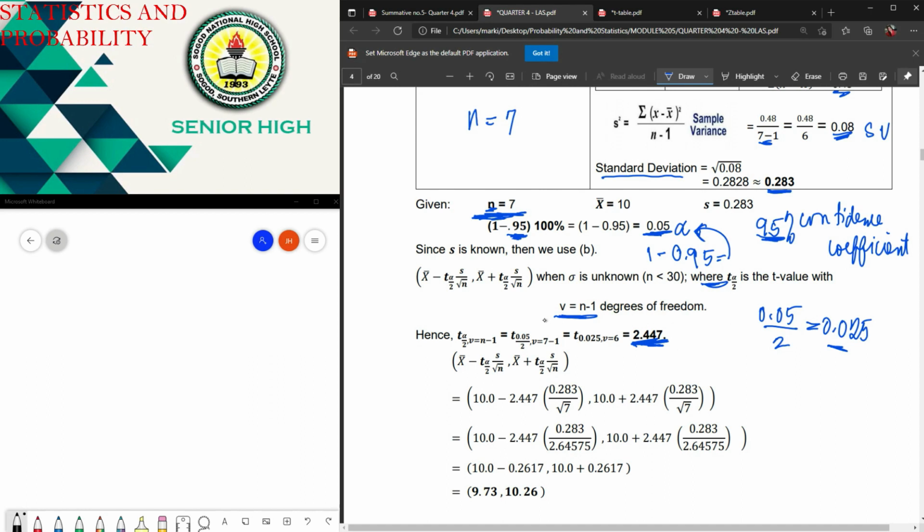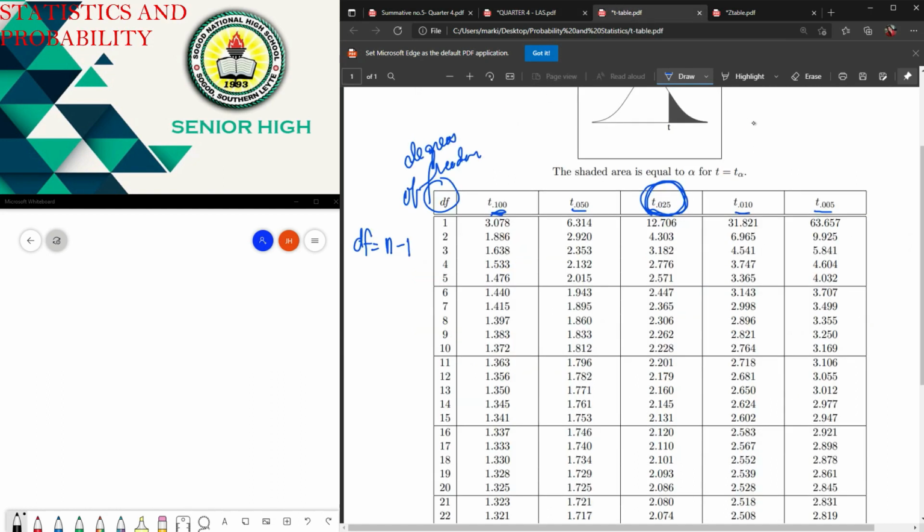Since the degrees of freedom v is equal to n minus 1, what is your n? It's 7, right? So 7 minus 1 is equal to 6. So get the intersection of this one. Again, 0.025, and then the degrees of freedom is 6. So get the intersection.